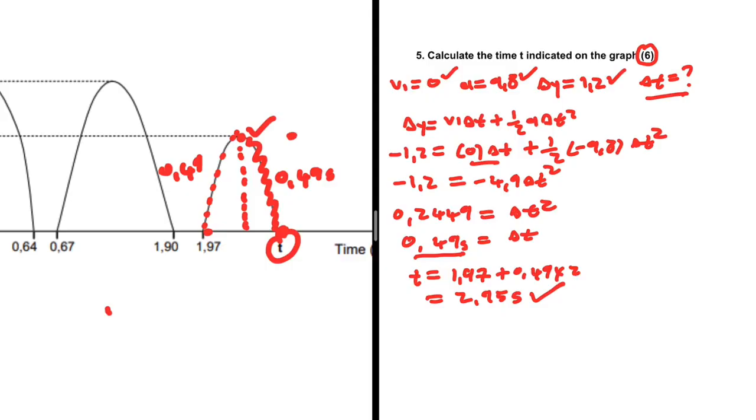This is the answer, right? You can take a different approach. I'm quite sure there's quite a few ways you can get to t being equal to 2.95, but ultimately we should be getting t is equal to 2.95 seconds. Well, this was an interesting question. Until I see you next time.